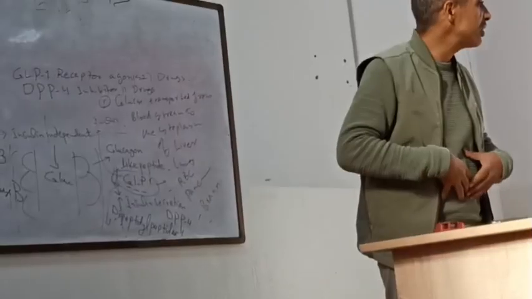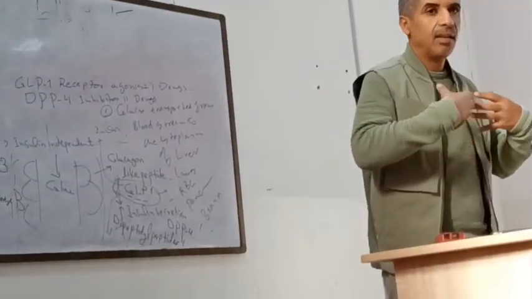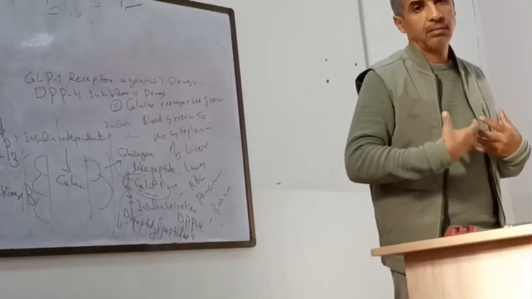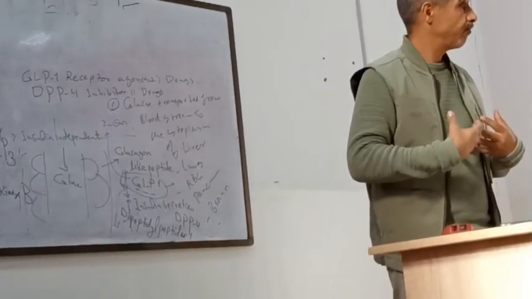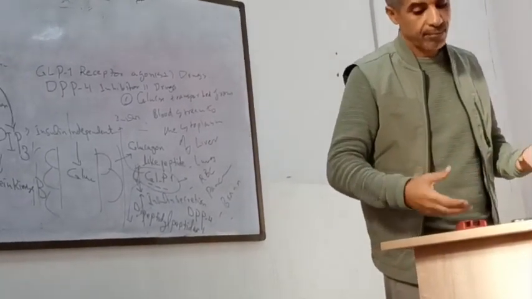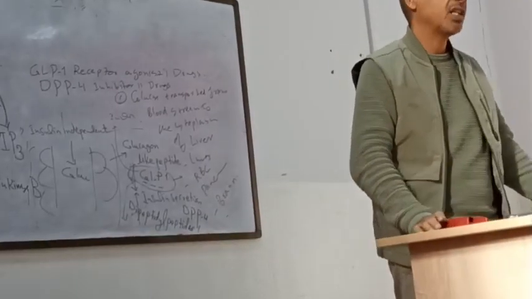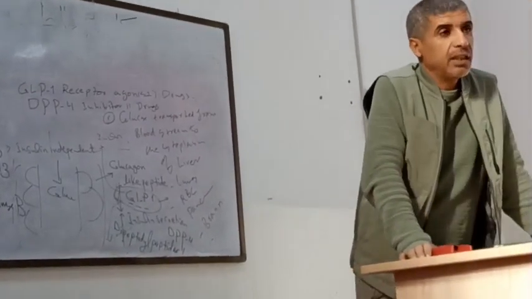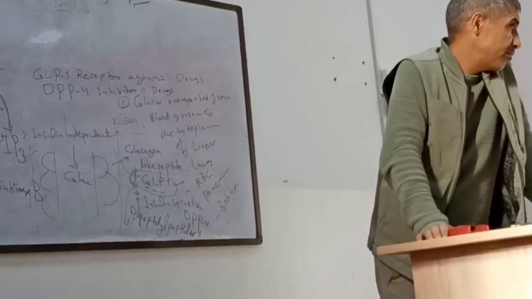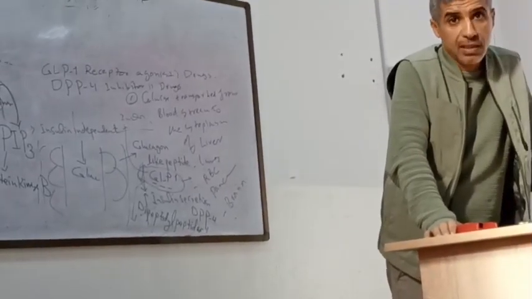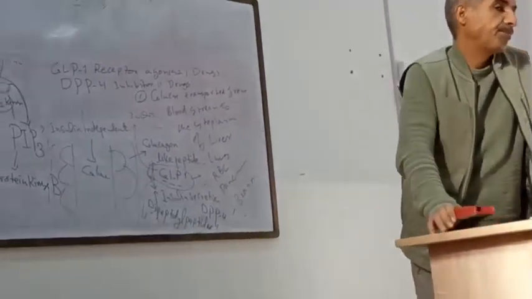In all tissues except skeletal muscle and adipose tissue. Those tissues' transportation does not need insulin, and glycolysis started before insulin is released from the pancreas. Okay?